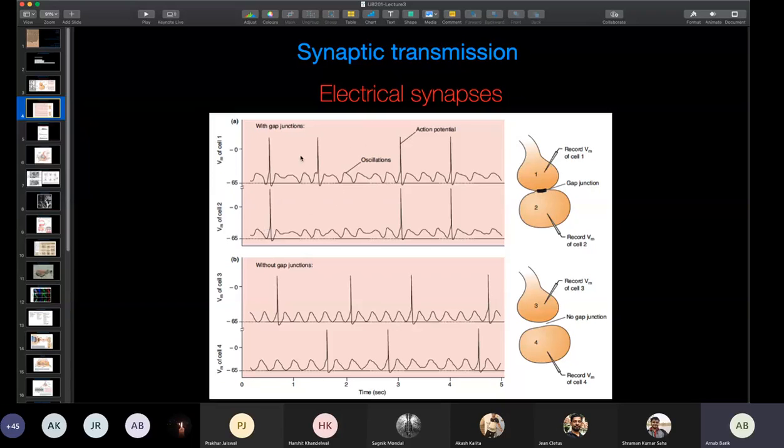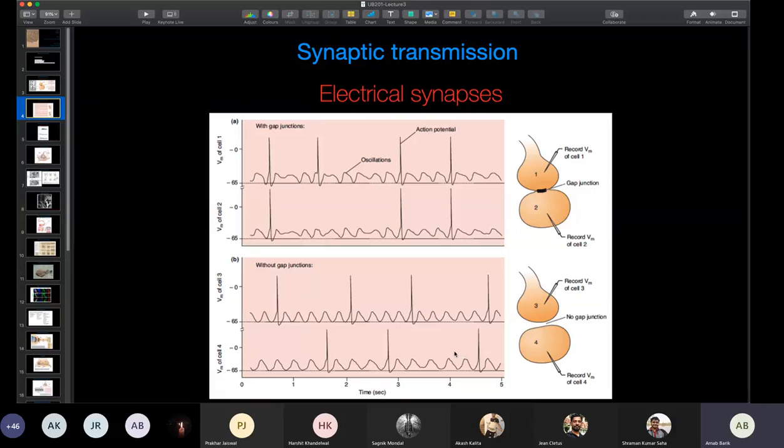And what they found was that when the gap junctions are there, they did it by knocking out a protein that is important for the gap junctions. When the gap junctions are there, the oscillations are there, and there are coordinated action potentials. But when they got rid of all the gap junctions, both neurons can still fire action potentials and have the oscillations, but they are not coordinated with each other.